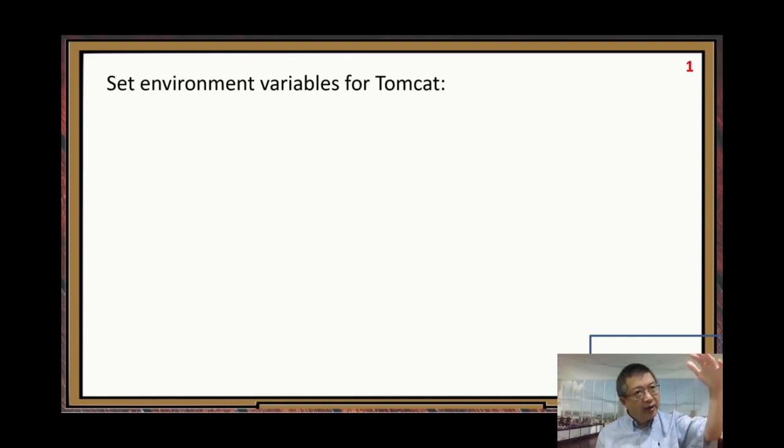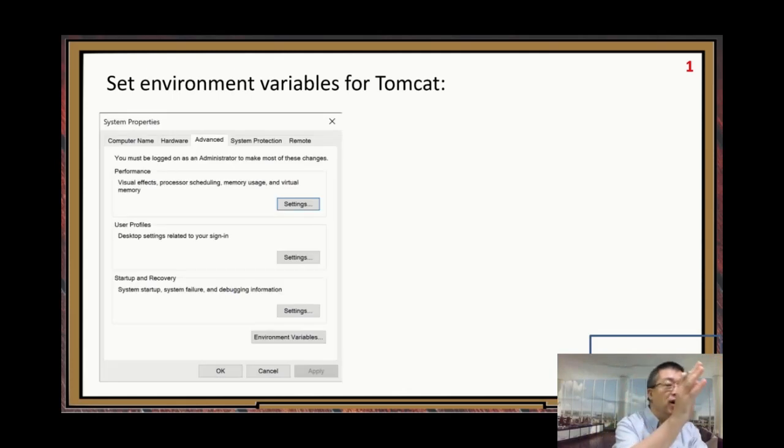One way is permanent, setting environment variables permanently. Another is temporary. Permanently, temporarily, these two ways. Which way we want to use depends on how we use Tomcat here in this class.